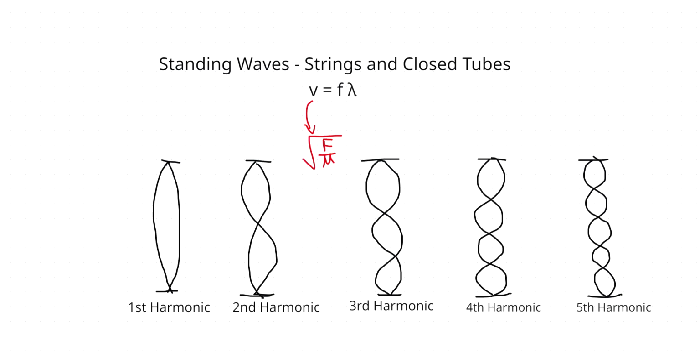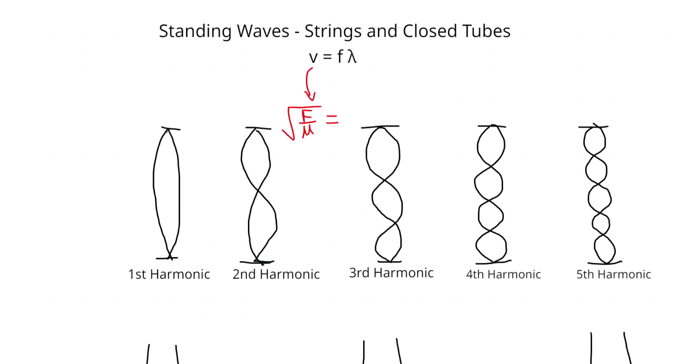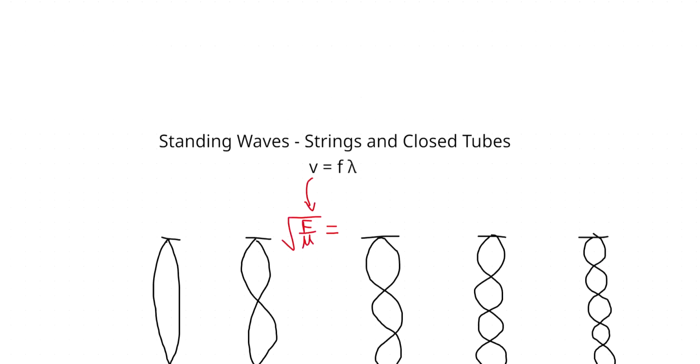And then our frequency is going to really change quite a bit based on, let's see if I can move this over a little bit. Actually, let's move this up. So there we go.